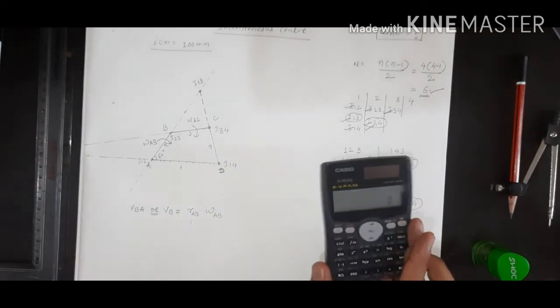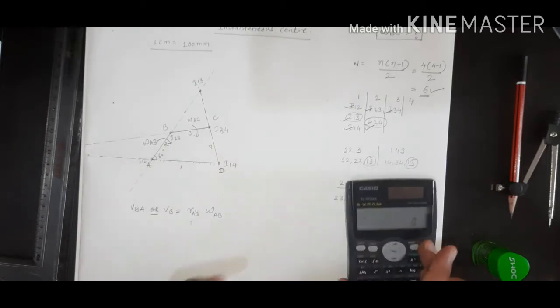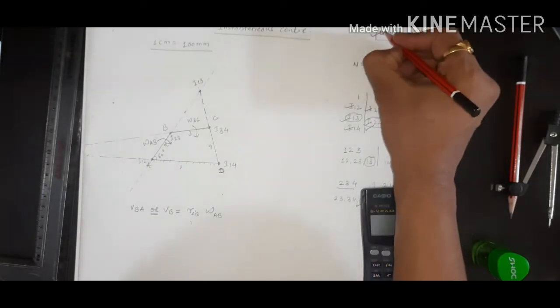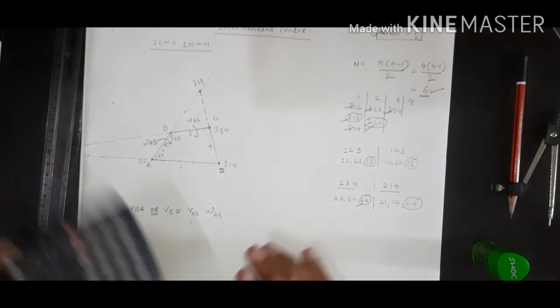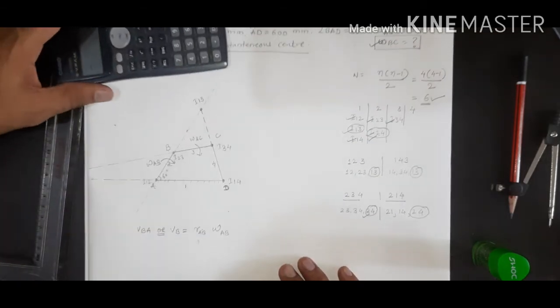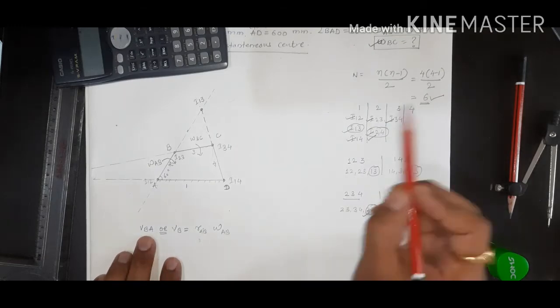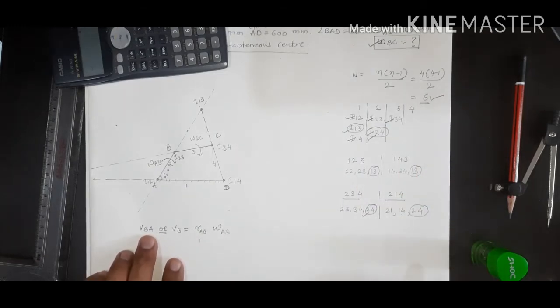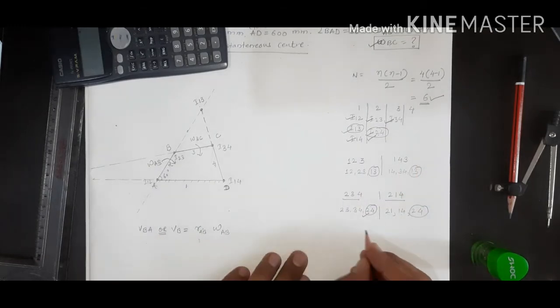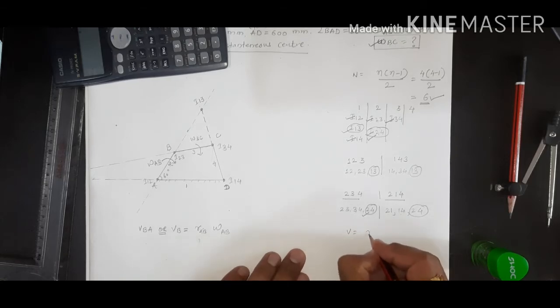Now we have to find the angular velocity of BC, as it has been asked to calculate. Very simple, we can calculate it with the help of basic velocity equations. We know the basic equation V is equal to R into omega, or omega is equal to V by R. We have to use these 2 basic equations.